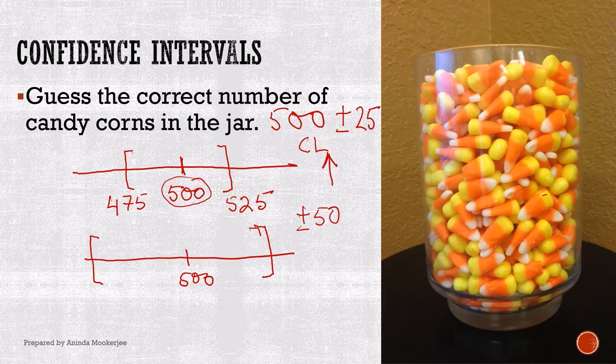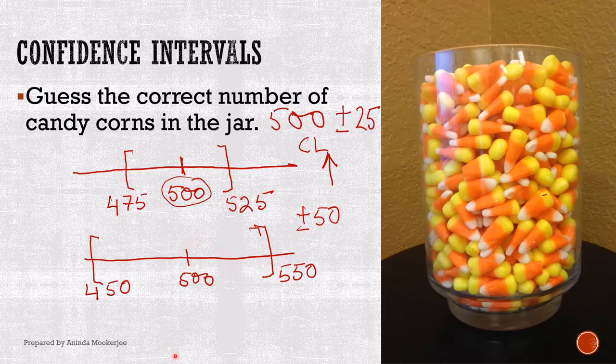So plus minus 50 means our interval endpoints are 450, the lower end, and the upper end is 500 plus 50, which is 550. So if we can guess a value within this interval, we will still be considered close to the actual value and win a prize, right? So that's what a confidence interval is about when we go on to statistics as well.